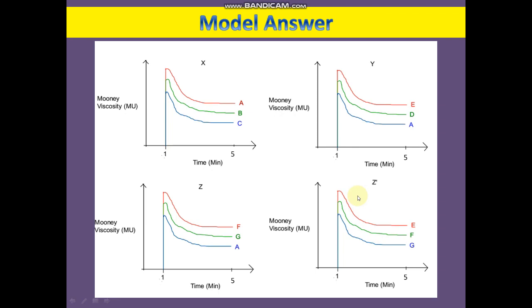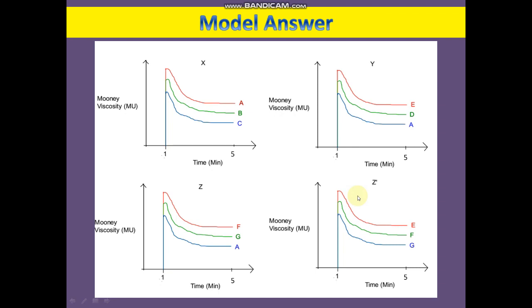Okay, this is how we can predict the results of Mooney viscosity by looking at the compound formulation. The basic things you have to keep in mind are that the viscosity of rubber compounds can be increased by the addition of particulate fillers, and the viscosity of the compounds can be reduced by adding oils to the compounds.